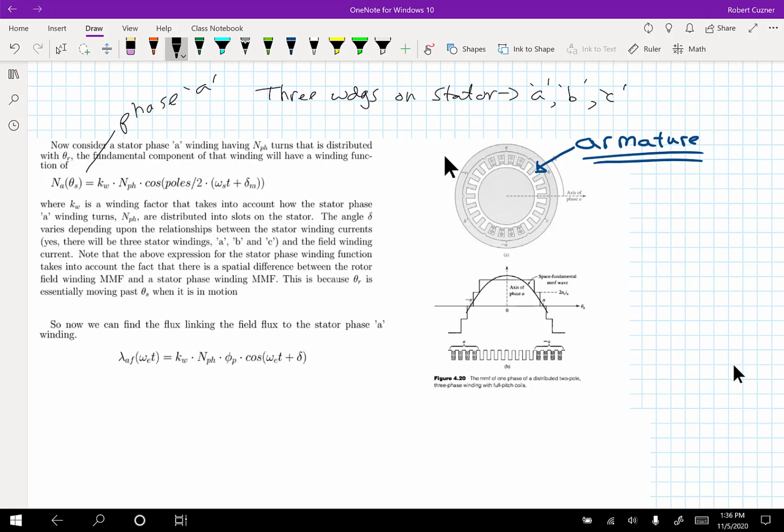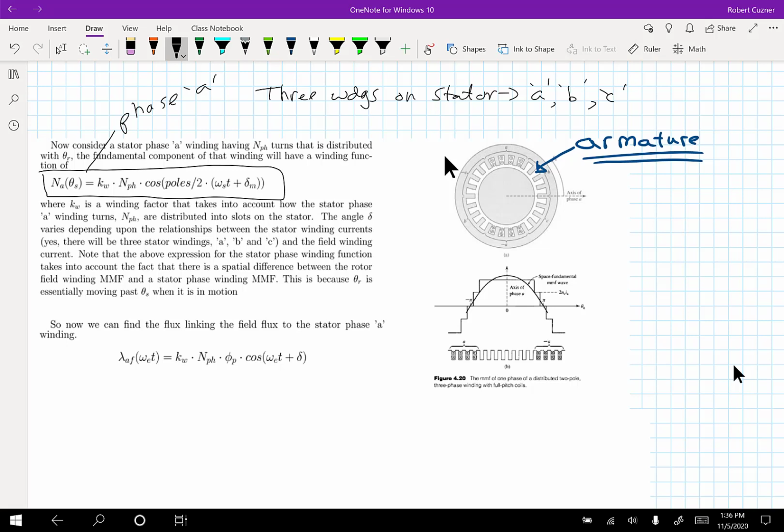They're going to be 3-phase windings, and we'll talk about that next time. But for any one of those windings, and I'm looking at phase A, we will be able to derive another winding function. This winding function, I'm going to say, is varying as a function of what is happening on the stator.